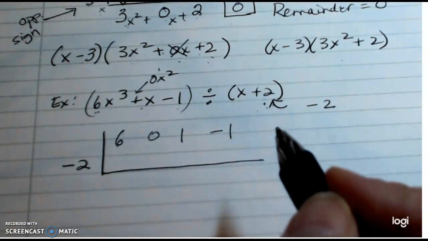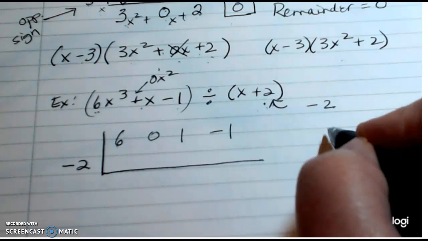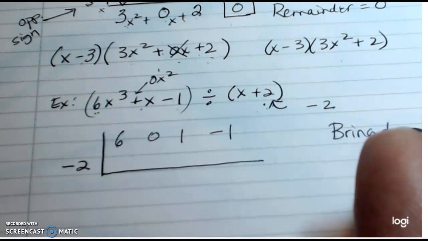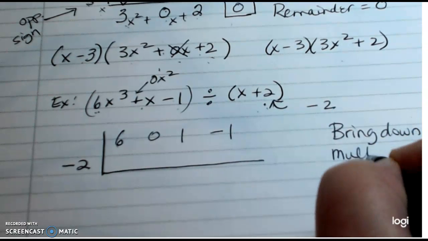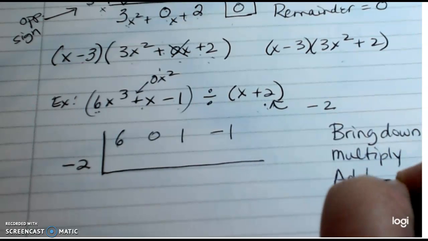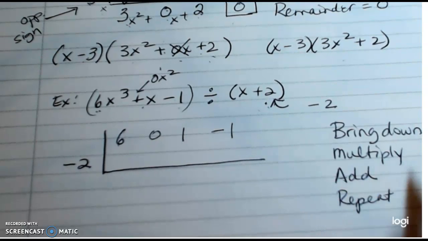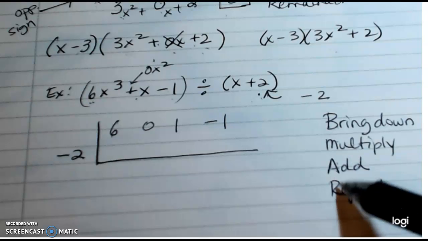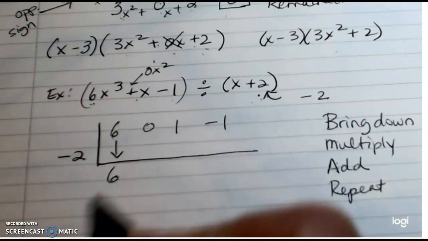So once you have this set up, remember you need to bring down the first value. Then you need to multiply, and then you need to add, and then you're going to repeat. Doesn't make much of an acronym. BMAR. Bring down the first term.